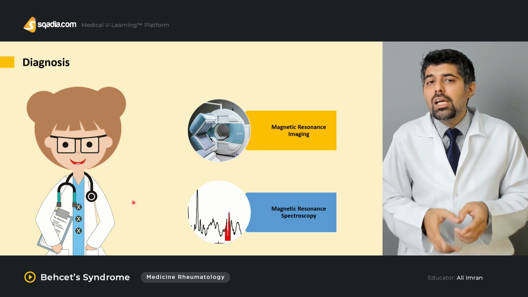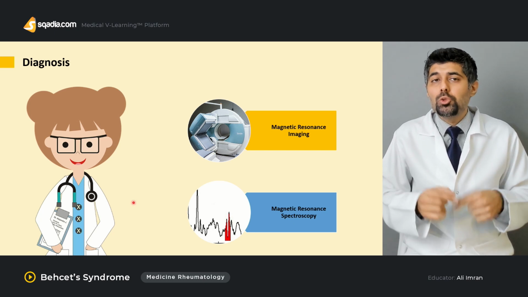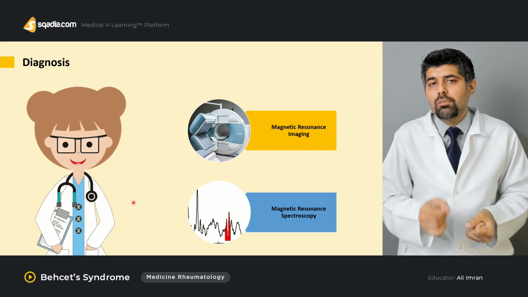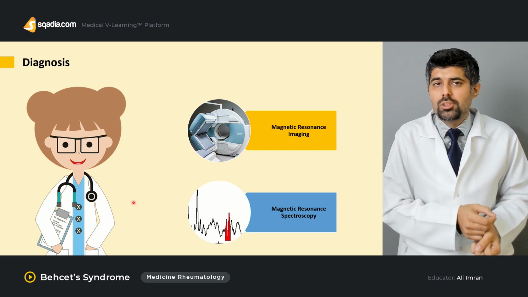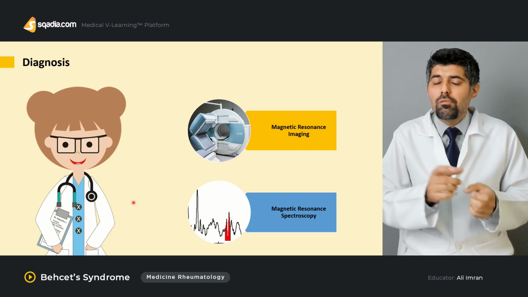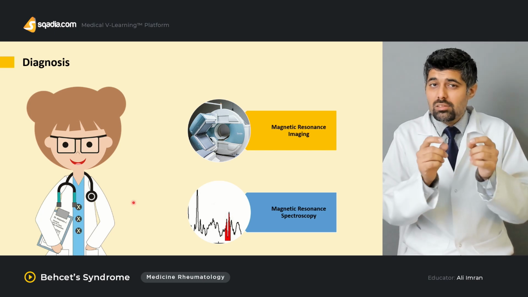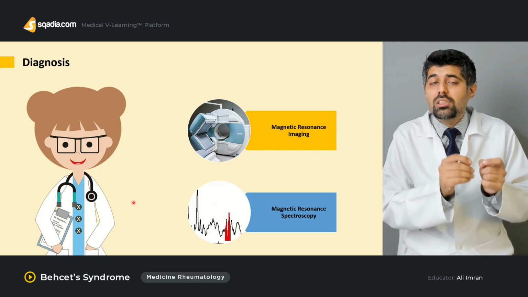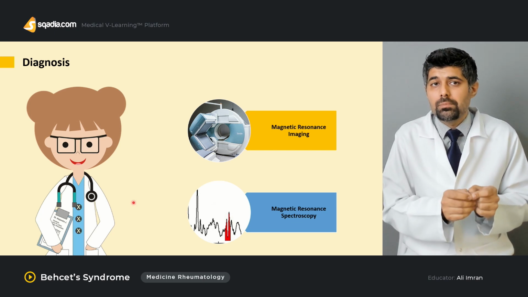And this study in Behcet syndrome is usually reserved for patients suffering from CNS Behcet syndrome, because in CNS Behcet syndrome we have to look at the changes that are found in the brainstem.